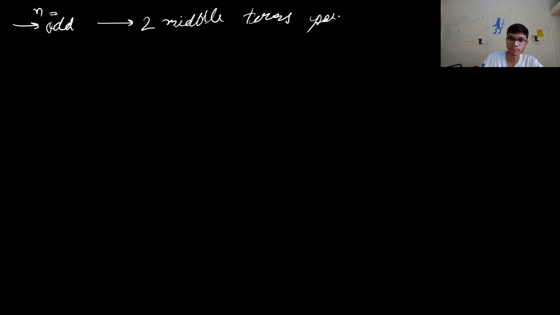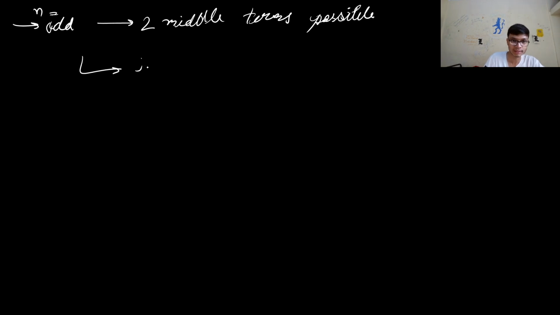But if the power is odd, that means if n is equal to an odd number, then the total number of terms in the expansion will be n plus 1, and n plus 1 will become an even number. That means we will have an even number of terms, so in these cases two middle terms are possible.